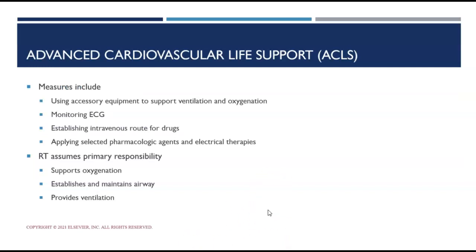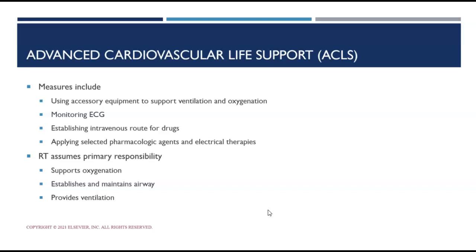Advanced cardiac life support is really going to be using additional equipment to support oxygenation and ventilation, and different monitoring tools to assess things like the dysrhythmias, so we'll need an ECG monitor on. It also means establishing a route to deliver different types of medications.